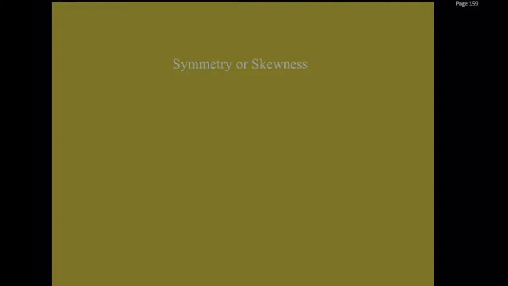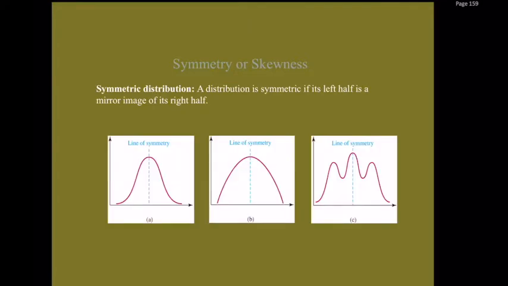When we're looking at data sets and their distributions, we want to look for things like symmetry, right? We talked about symmetry a little bit earlier. A distribution is symmetric if its left half is the mirror image of its right half. So all three of these are symmetric, but they all have a different distribution.